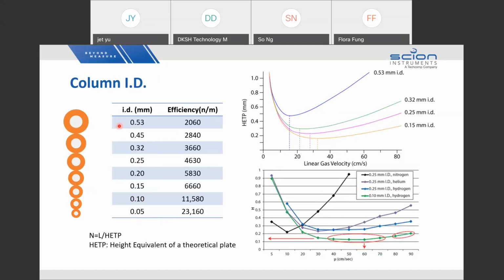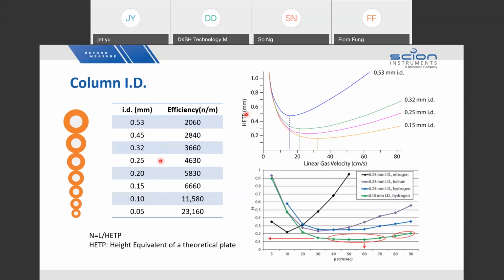You see when the column ID is reduced, the efficiency is improved. So naturally, if you choose a smaller ID, it is better for achieving the separations. In the meantime, it's highly possible to achieve faster analysis.